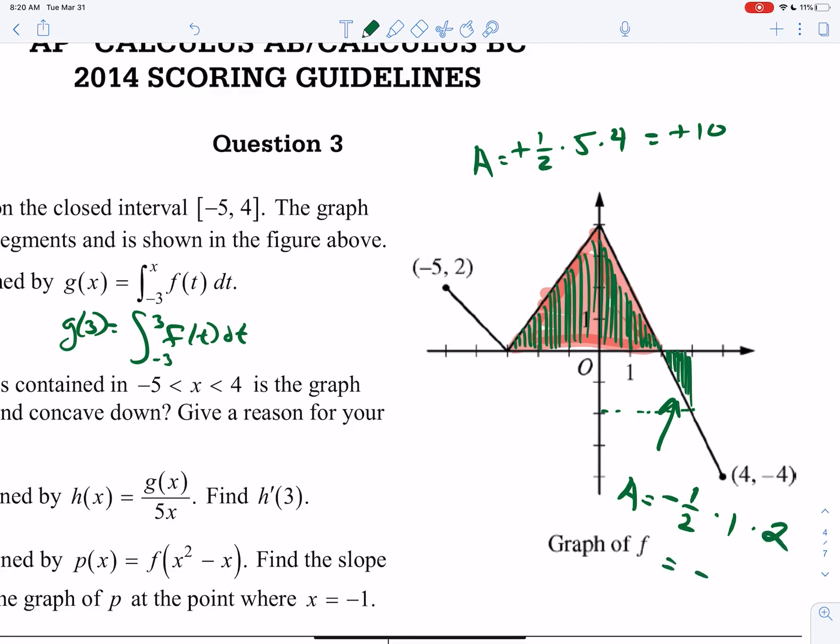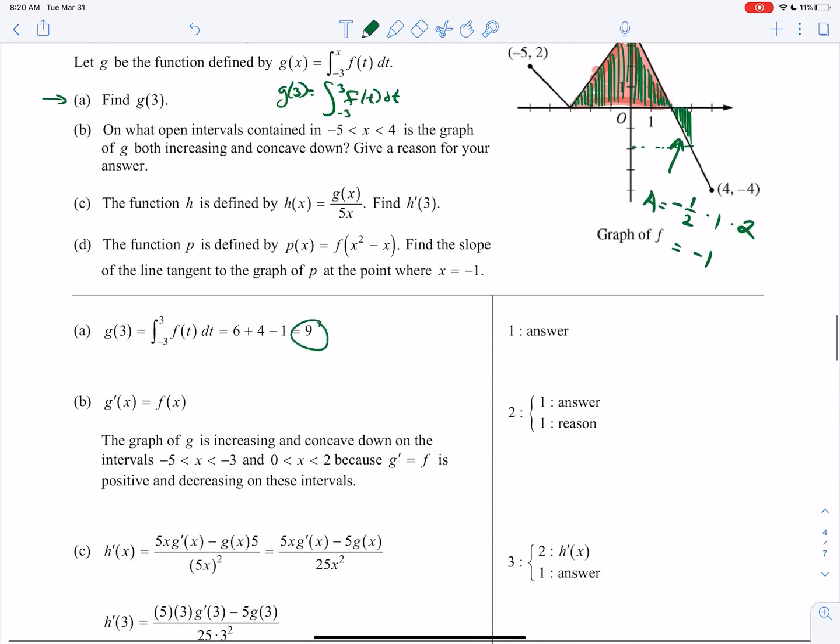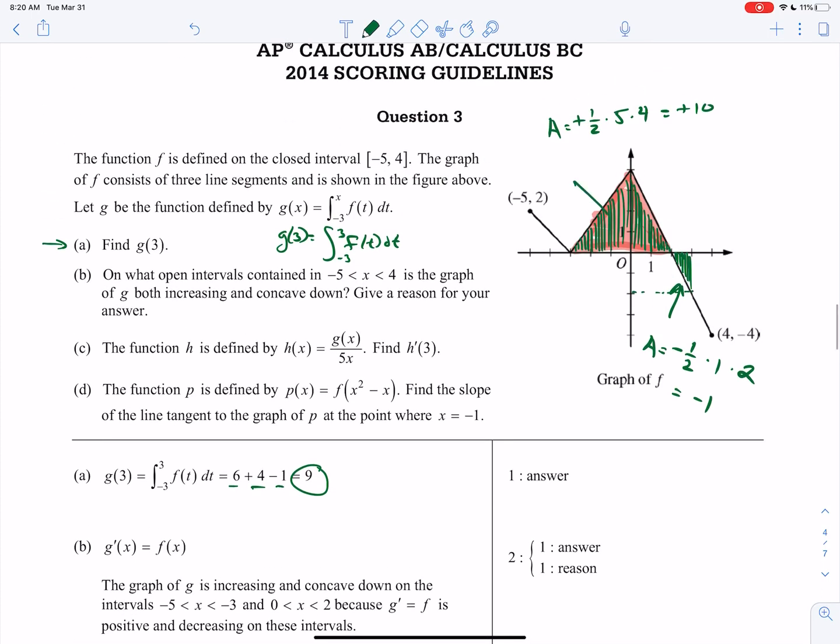Okay, so that comes out to negative 1. So if you add these two together, you should get a result of positive 9, which is what we get right here, okay? They got 6, 4, and 1 because they split up this red triangle into two separate triangles, but it's really not necessary, okay?